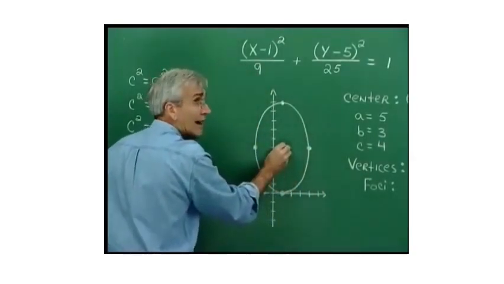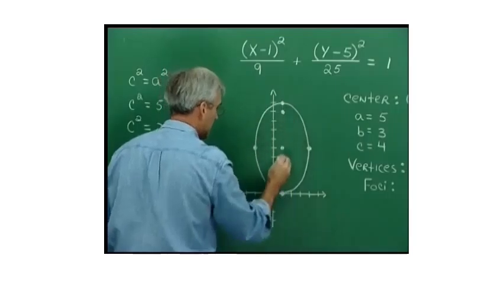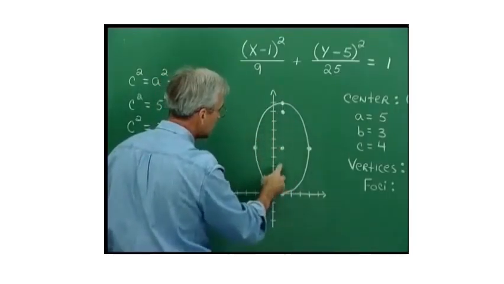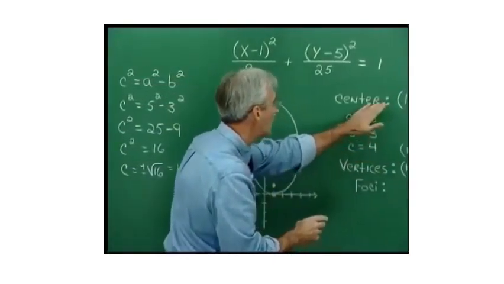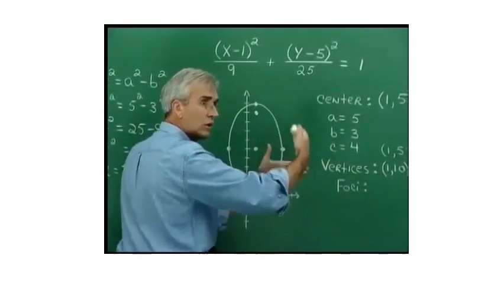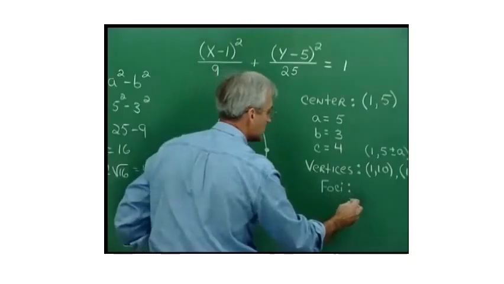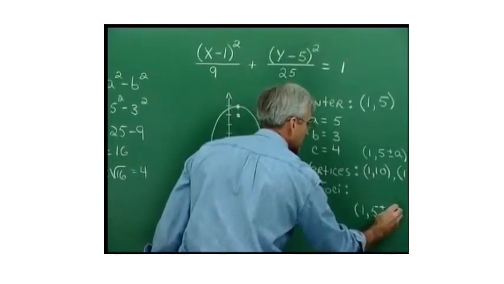And from here, graphically, we go up 4 and down 4. And for the coordinates of the foci, it's a similar idea. We're working off the center, and we add and subtract with the vertical component. So it's the idea of making the calculation as 1 and then 5 plus or minus c.